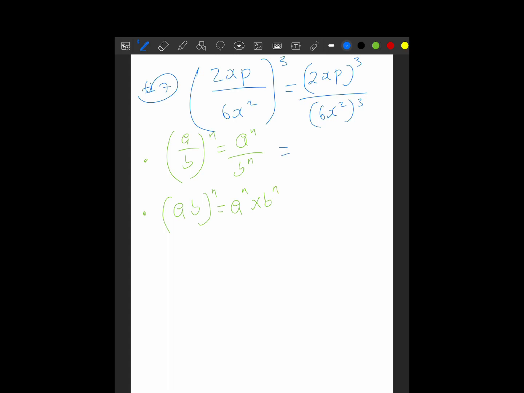So that's what we're going to be doing here. This is going to be written as 2 power 3 times x power 3 times p power 3, over 6 power 3 times x squared power 3.